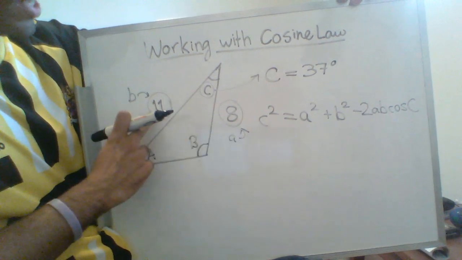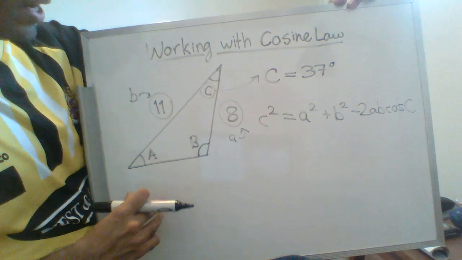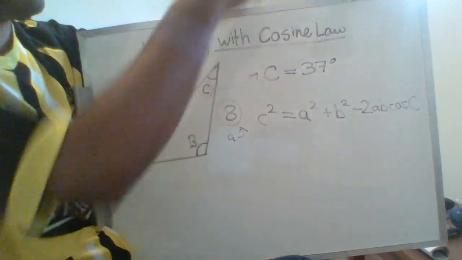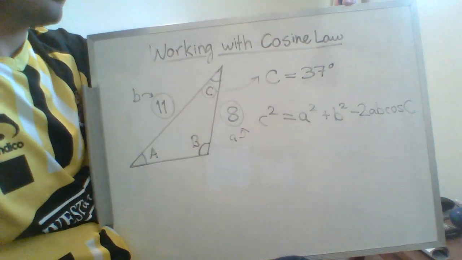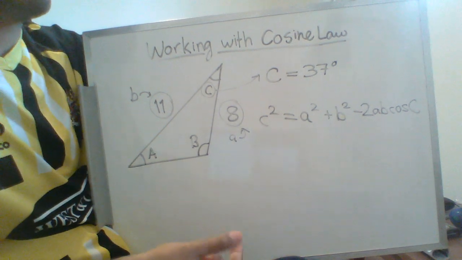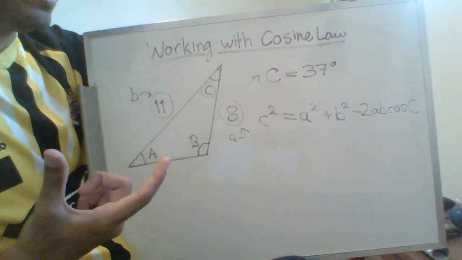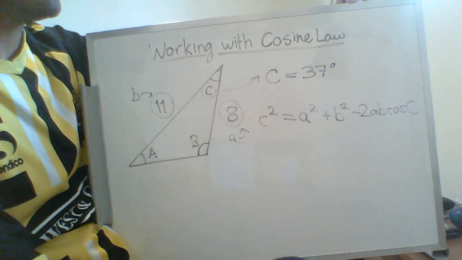So you know two sides and you know the angle in between them, but you don't know enough information to use sine law. In order to use sine law, you would need a pair: an angle and the side that use the same letter, big A for the angle, small a for the side. You would need both of those pieces plus one more piece of information to only need sine law.